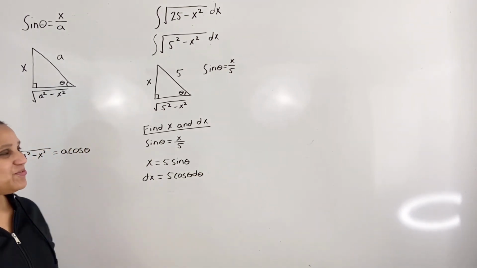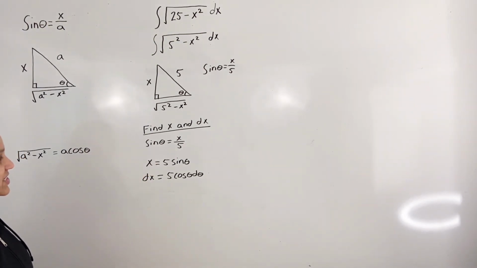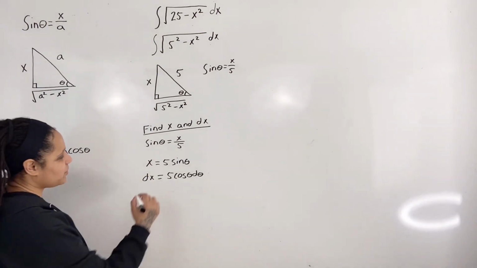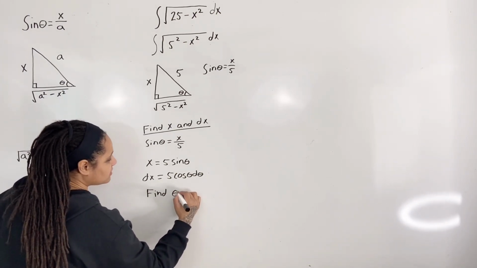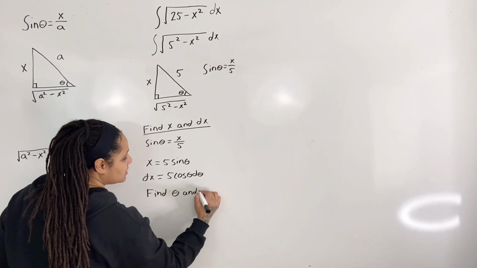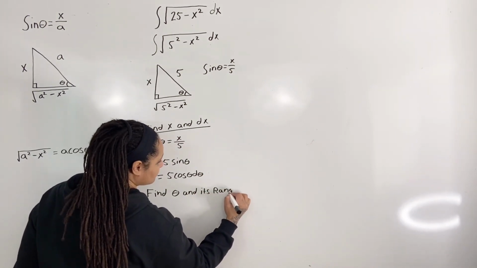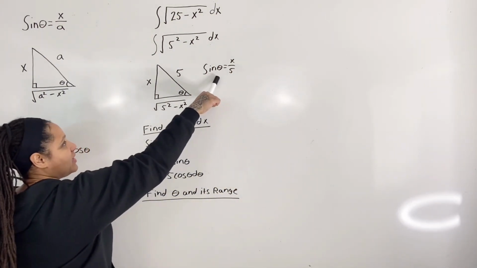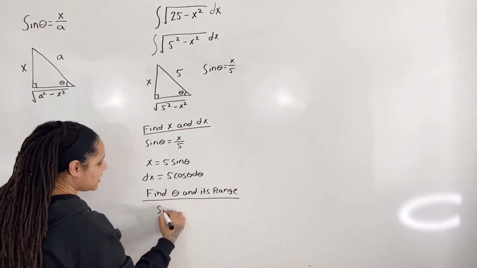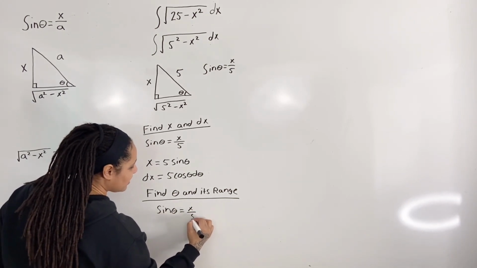Now I want to find theta and its range. I'm going to again use my equation here. So we have sine of theta is equal to x over 5.